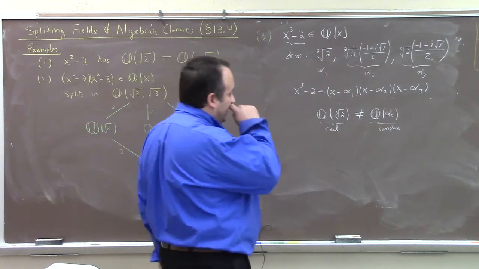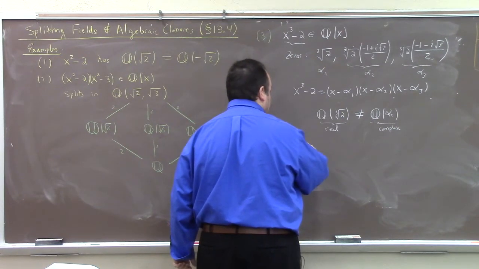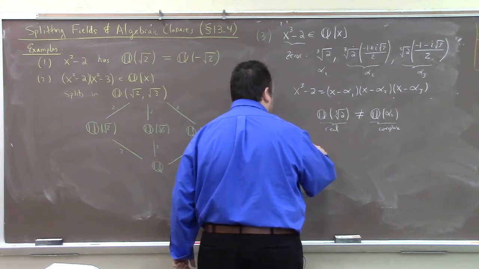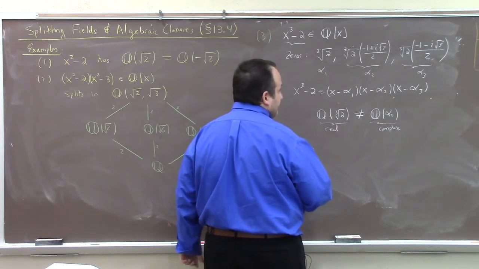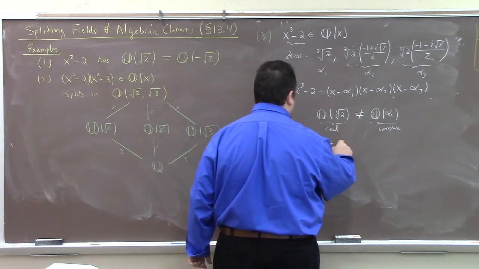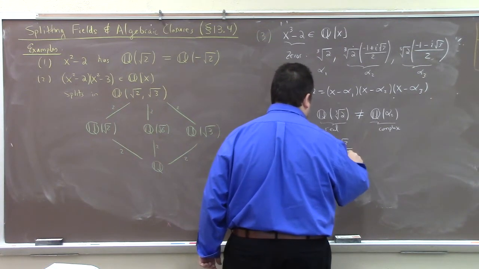So here's the trick. If you look at the quotient of alpha 2 by alpha 3, what happens? You get rid of the cube root of 2, and you get minus 1 plus i root 3 over minus 1 minus i root 3. Or vice versa. Exactly.